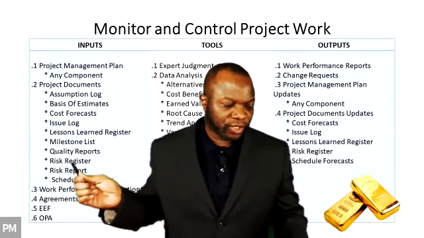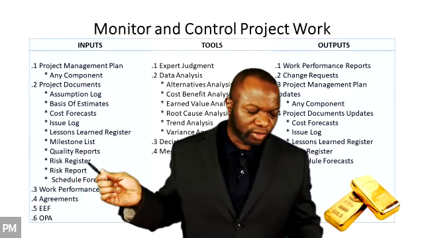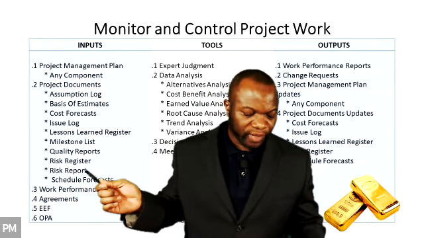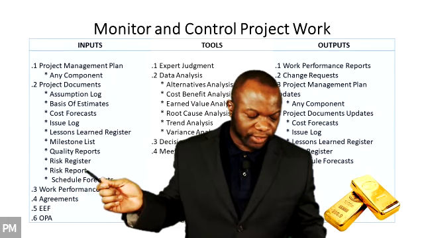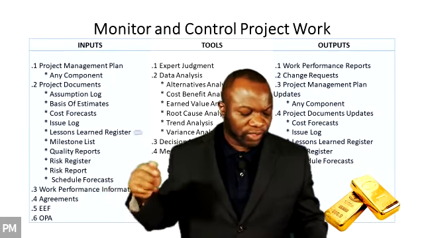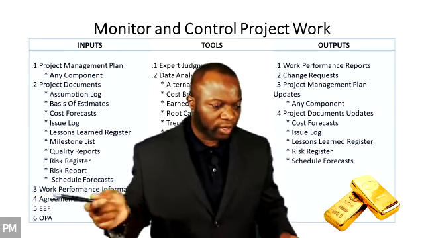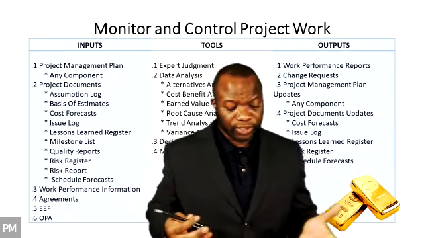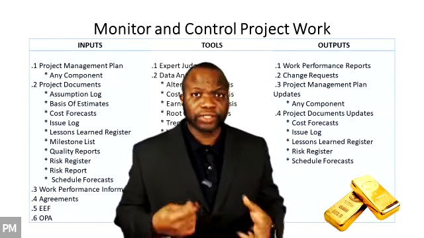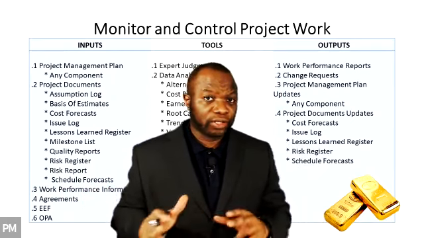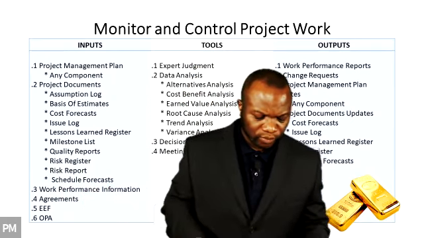And then we have the risk register, a register of all the risks on the project, the risk report, which shows information on the overall project risks and information on individual risks, and schedule forecasts, which help you predict the future of the project from a schedule perspective. So my friends, you see there's a lot of stuff here, lots of stuff, but this stuff is good. It's to help you effectively monitor and control the project. All right.